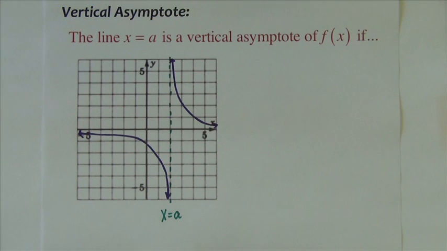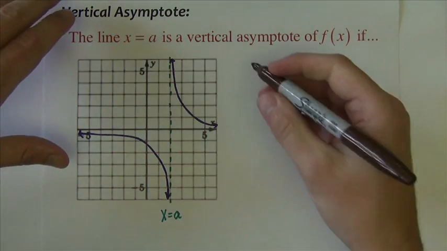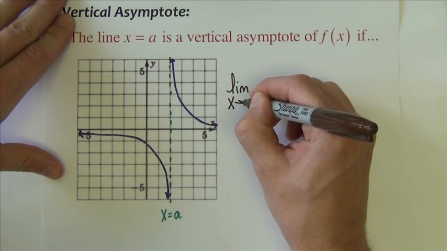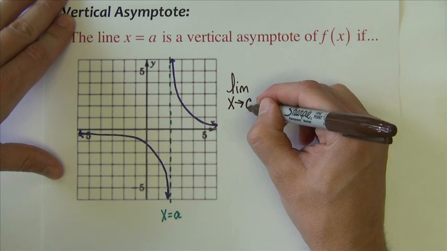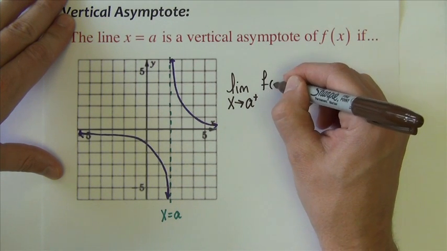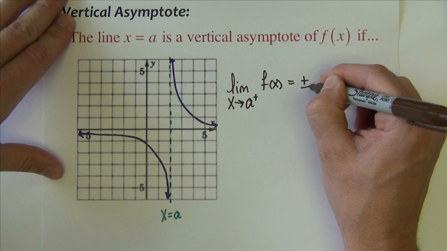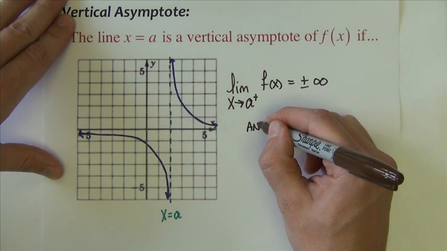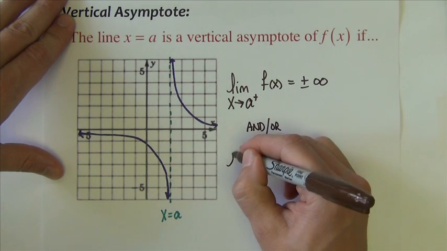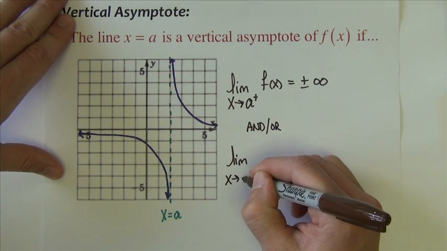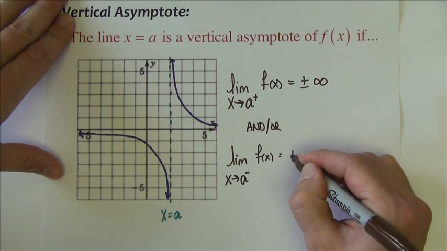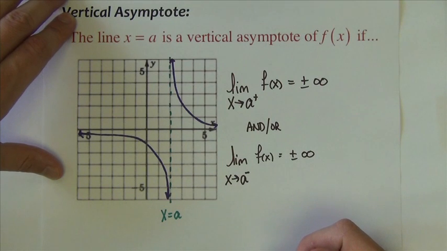So we can describe vertical asymptotes this way. We can say the line x equals a is a vertical asymptote of f of x if the limit as x approaches a from the right of f of x equals plus or minus infinity, and/or the limit as x approaches a from the left of f of x equals plus or minus infinity.